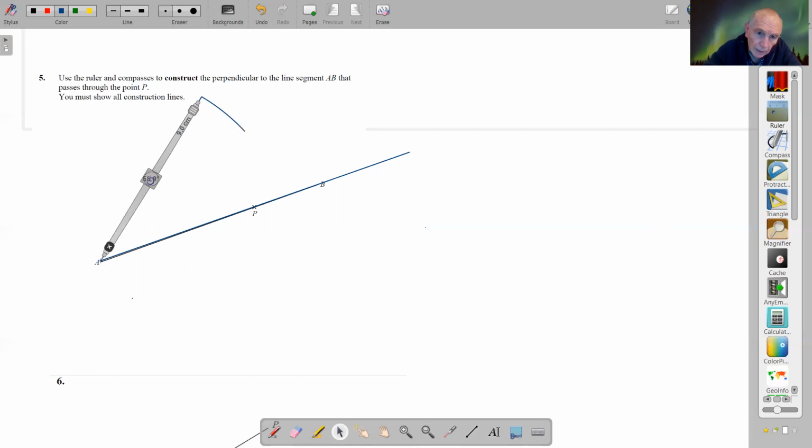And now I'm going to come and do the same thing down here. From A to these arcs, any point on the arc is going to be 9. Right, I'm going to come here to C. I'm not marking it. That is C. And we're going to do the same thing.